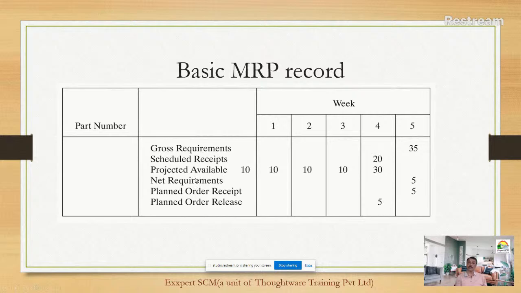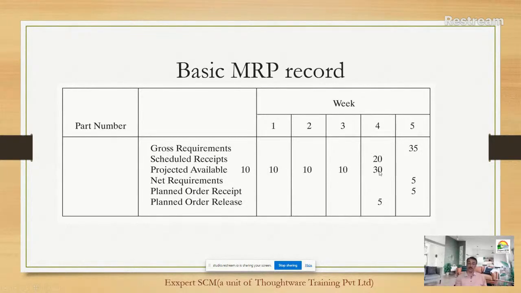There is something called PAB, projected available balance, which is available in the third row. When you see the 10 before week 1, it could be the carryover balance from the previous period. Since there is no incoming or outgoing, it remains the same till the third week.